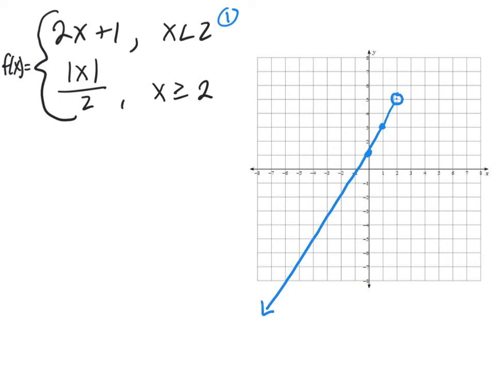All right, let's graph our second function here. So this is an absolute value. Because this absolute value would normally start at our origin, because we're not adding or subtracting anything, you can always start graphing there and then just erase. So if you want to go ahead and do that, you can.